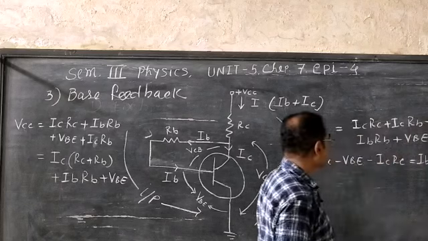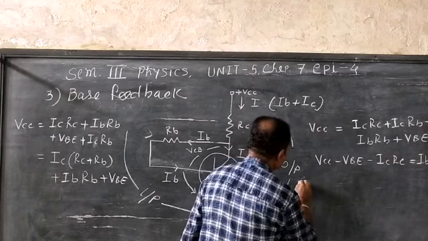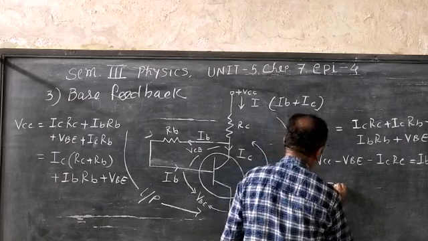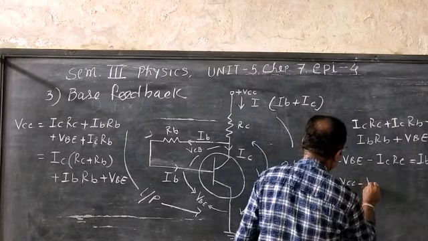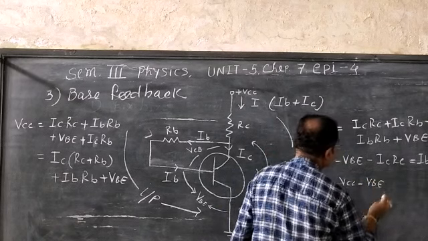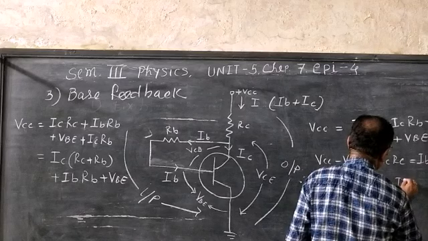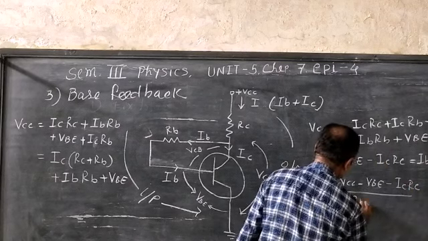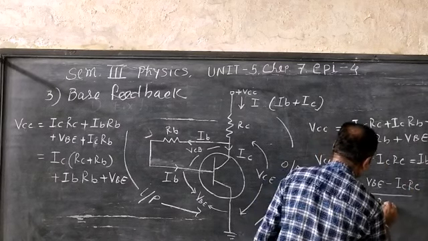Bracket is over. That is why IB is equal to VCC minus VBE minus IC RC divided by RB plus RC.